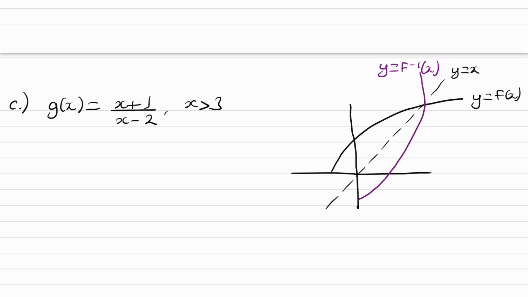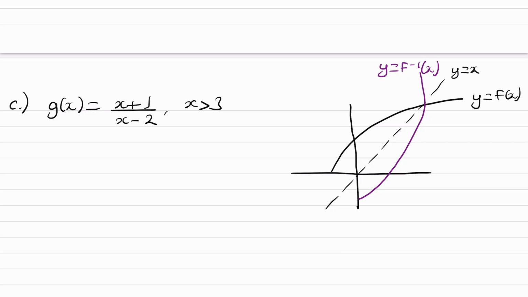Okay, so if we wanted to work out where the original function f of x and the inverse of f of x meet, we can set those two things equal to each other, solve them simultaneously, and then work out what x is. But notice how they also cross the line y is equal to x at the point where the two curves intersect.